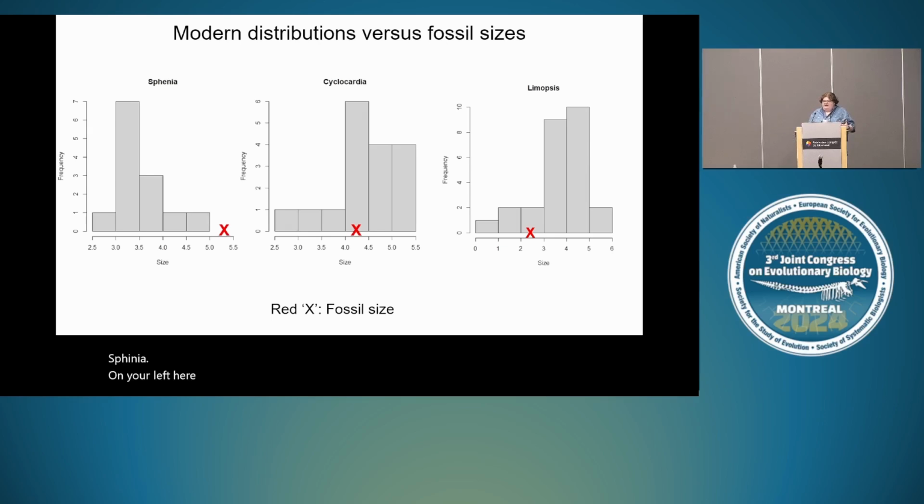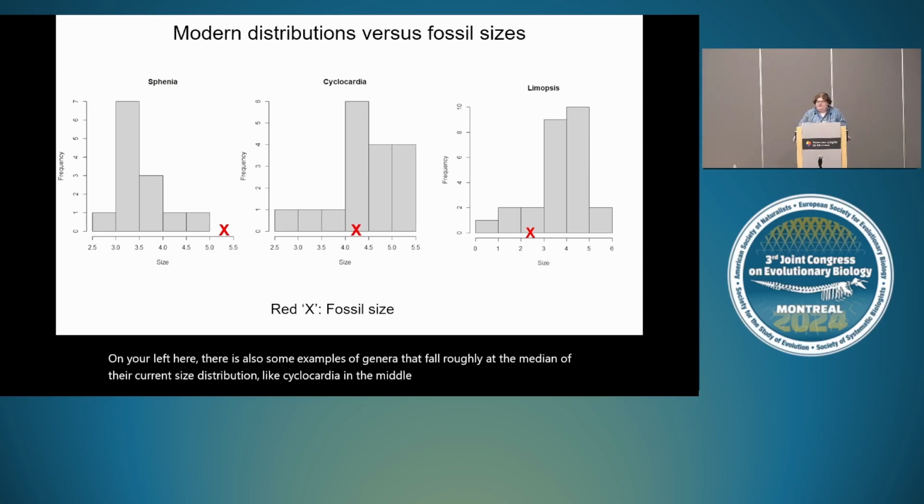There's also some examples of genera that fall roughly on the median of their current size distribution, like Cyclocardia in the middle. And then there are, of course, genera that fall within their distribution, but towards one of the tail ends of it, like Limopsis on the right. And I should note that these fossils can fall on either the left or right side of these distributions. There wasn't really any strict partitioning of one of those.